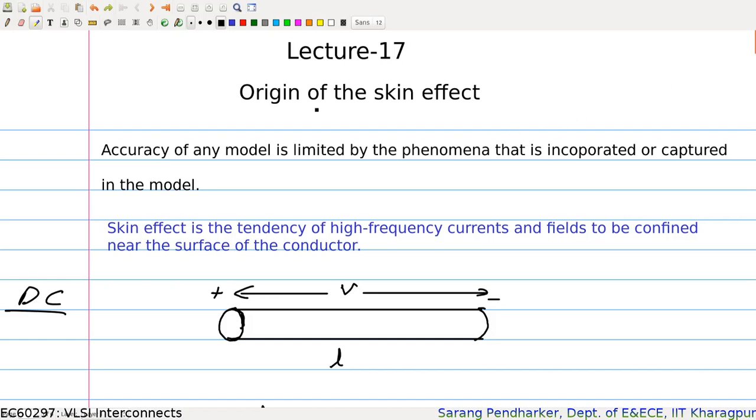Again, when I start, I want to repeat that the accuracy of any model is limited by the phenomena that is captured or incorporated in that model.